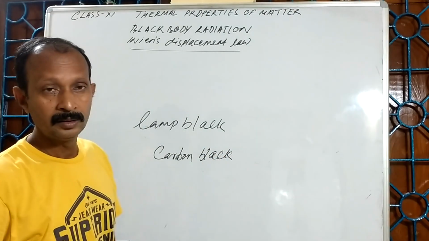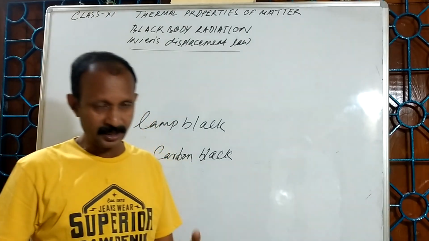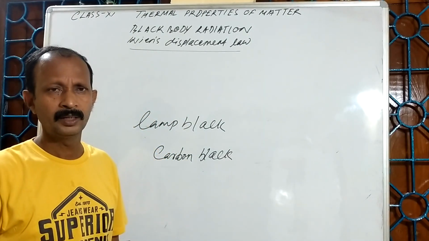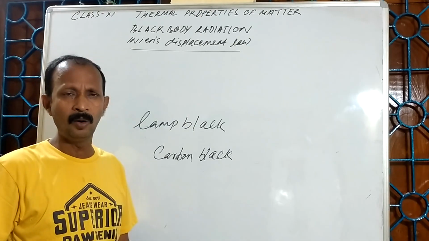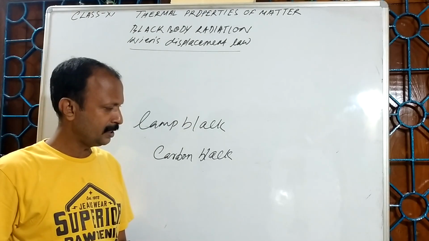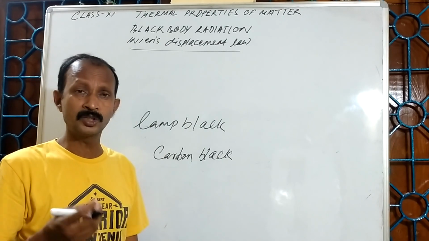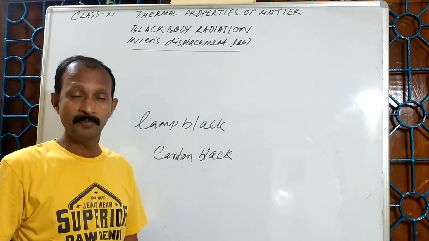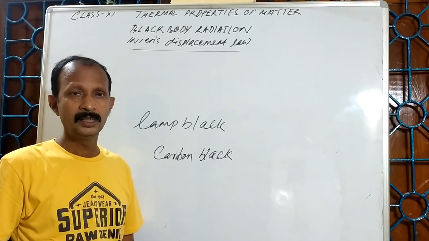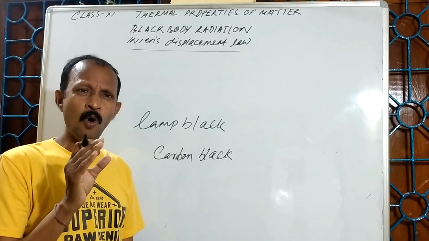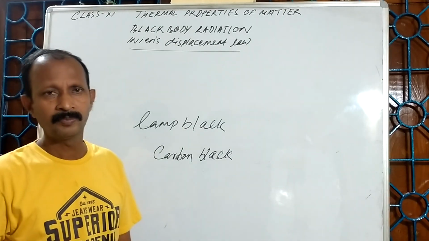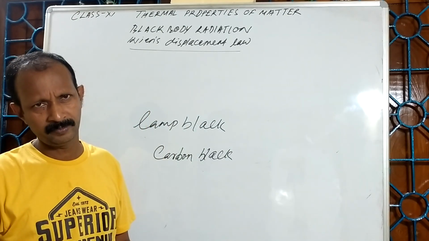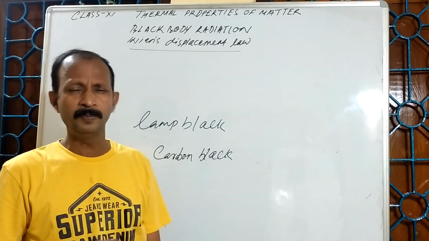Lamp black, in my childhood, my mother used to prepare some black. How? By placing one lamp. Earlier we also used the kerosene lamp. During the burning of the lamp, some smoke gathered on the top surface of the lamp. That is an example of lamp black.